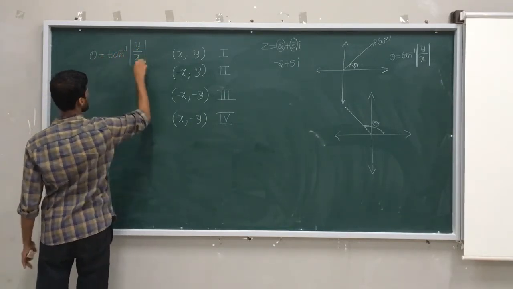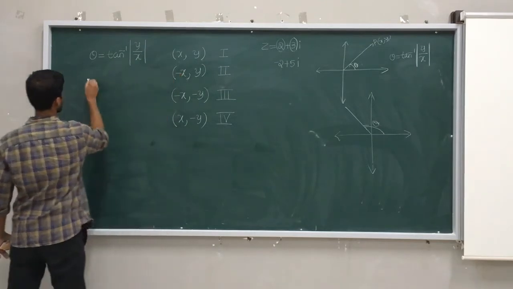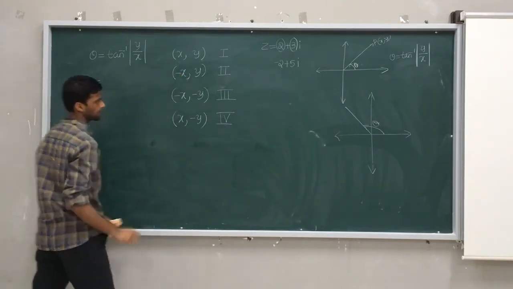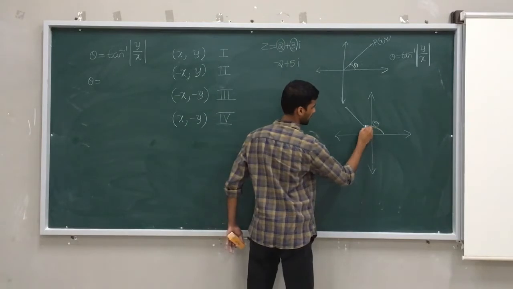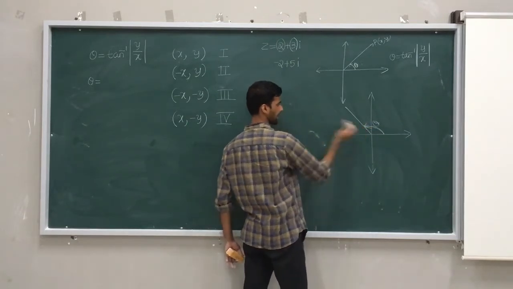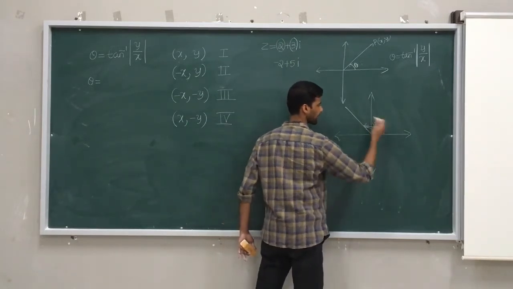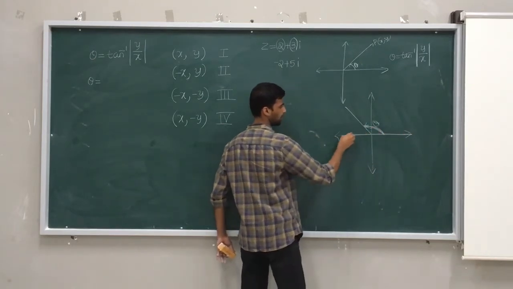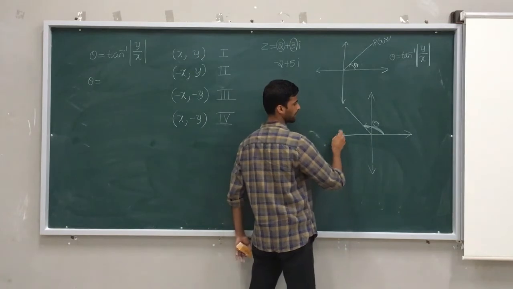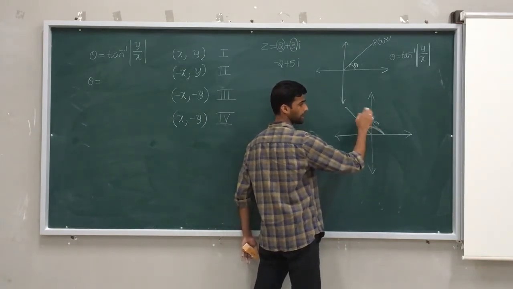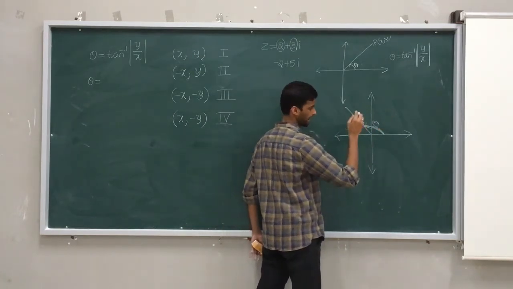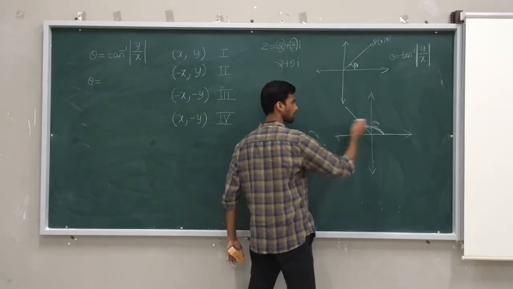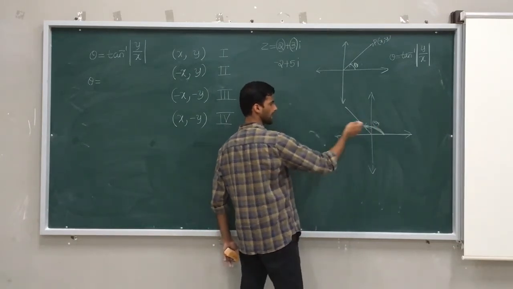Keep this formula in mind. When it comes to the second quadrant, this is the positive direction and this is the negative direction. So how to find this angle? I will take the pole, and you will get that theta angle in the positive direction, towards the negative direction.